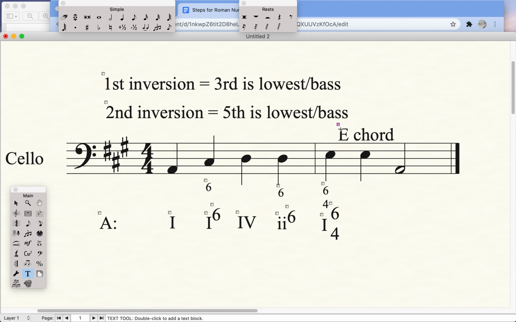So A, B, C, D, E, 1, 2, 3, 4, 5. 5 chord. Boom. This last chord is an A and nothing underneath it. It started with an A and nothing underneath it. Unless we switched keys somewhere, which didn't happen, then the answer is not going to change. It's a 1 chord all over again.